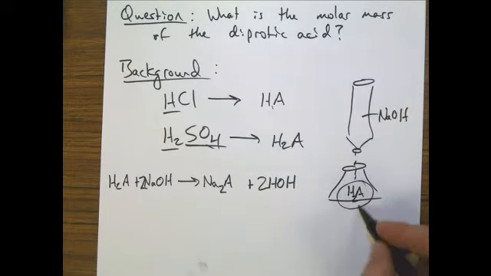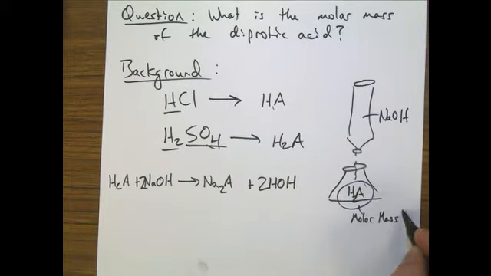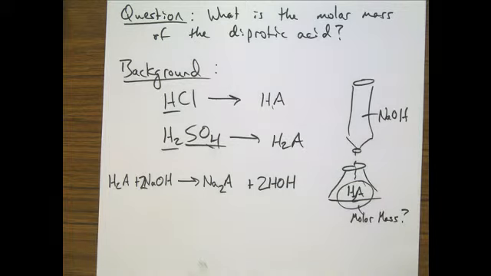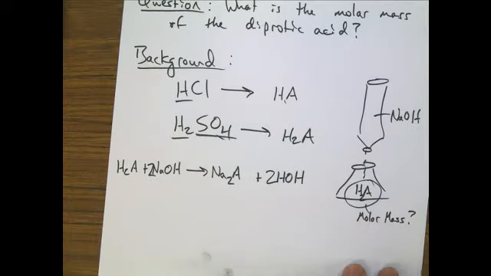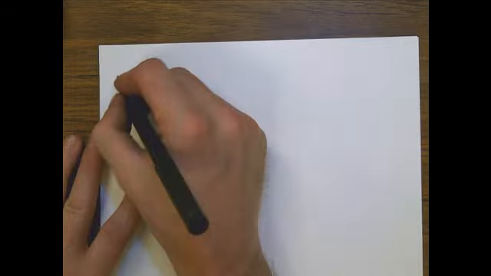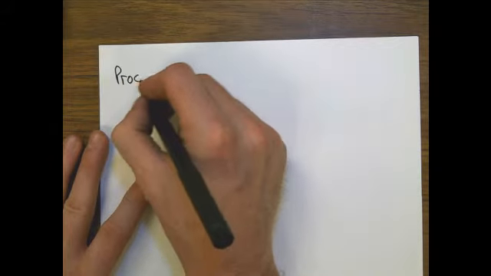And we're trying to figure out what the molar mass is of this. That's the point of this lab: what's the molar mass of the diprotic acid. All right, so let's talk about the procedures. It's going to be very, very similar to the previous lab, which was the standardization of the sodium hydroxide. One of the cool things that we can do in this class is refer back to previous labs.